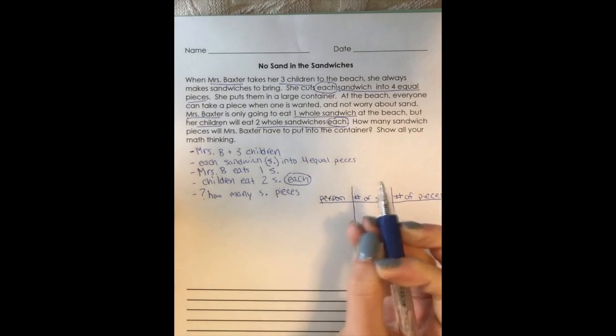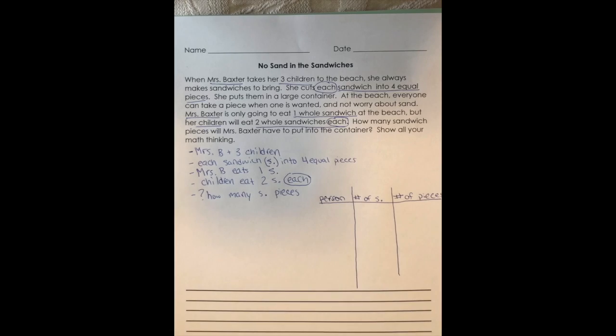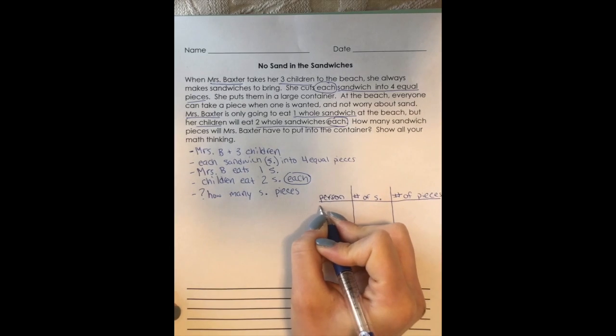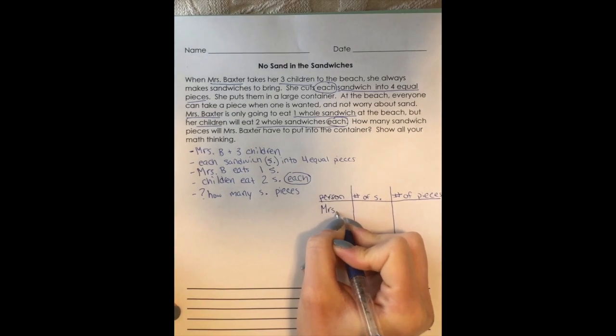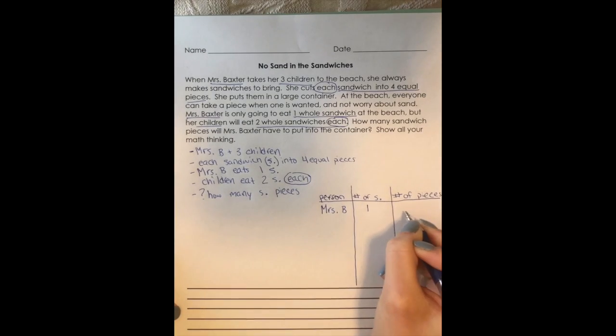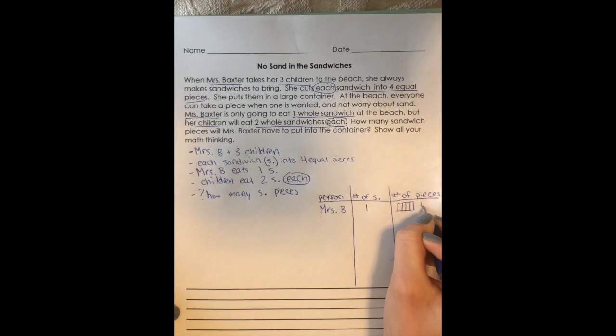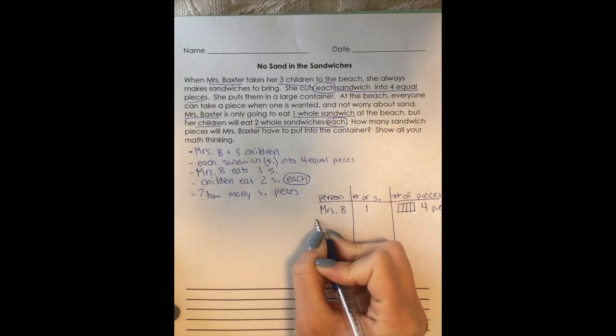That way I can know how many pieces each person will have of sandwiches. So person 1, I'm going to write Mrs. B, and she had 1 sandwich. So if I drew a picture of 1 sandwich and made it into 4 equal parts, that means Mrs. B is going to have 4 pieces of sandwich.